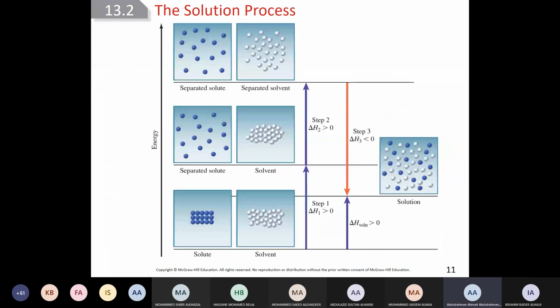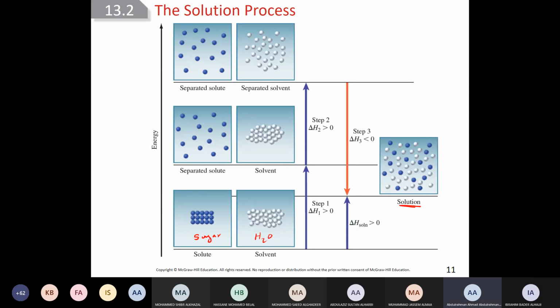As I told you a while ago, look carefully at this process. What are we doing when we dissolve? Imagine that this solute is sugar, and this one, the solvent, is water. This is the solution, sugar and water.